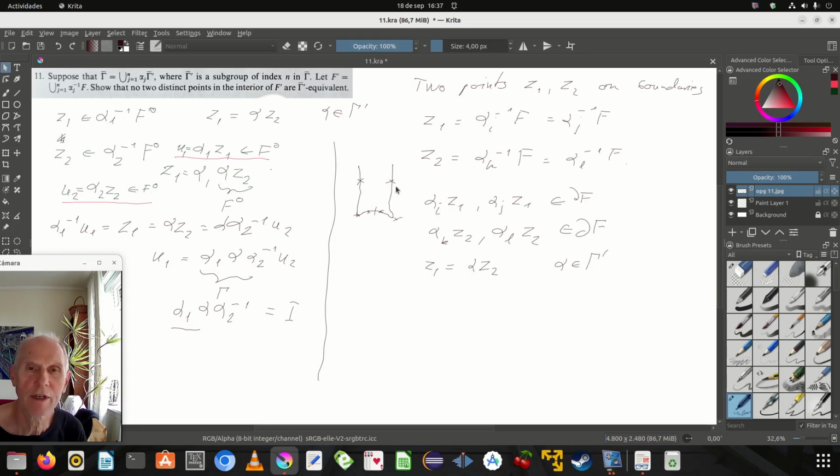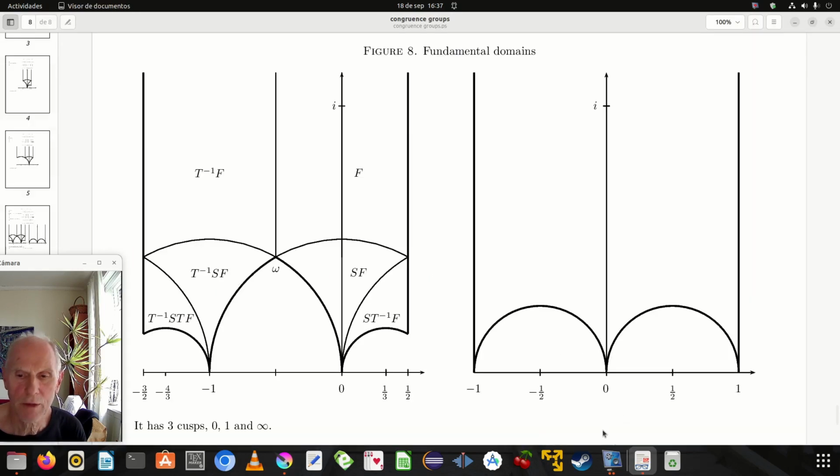If it's T, then T must be in gamma mark, so they are equivalent, and then they must obviously be on the boundary.